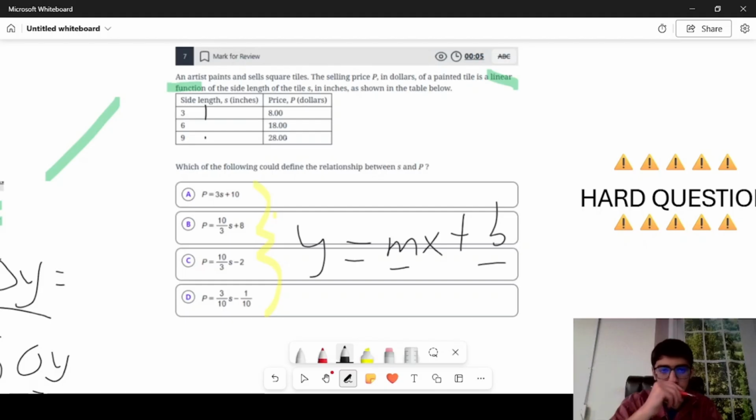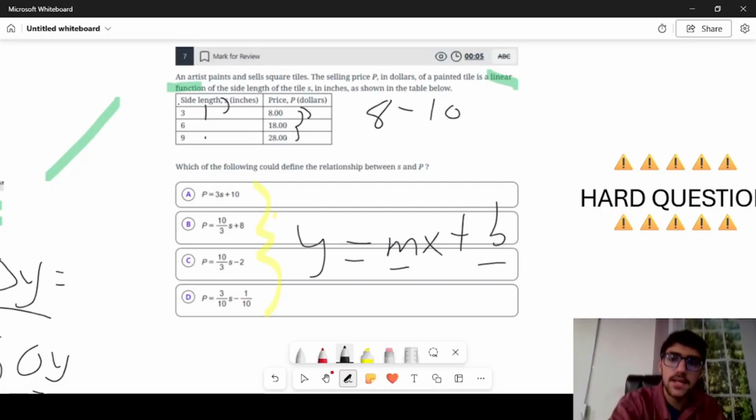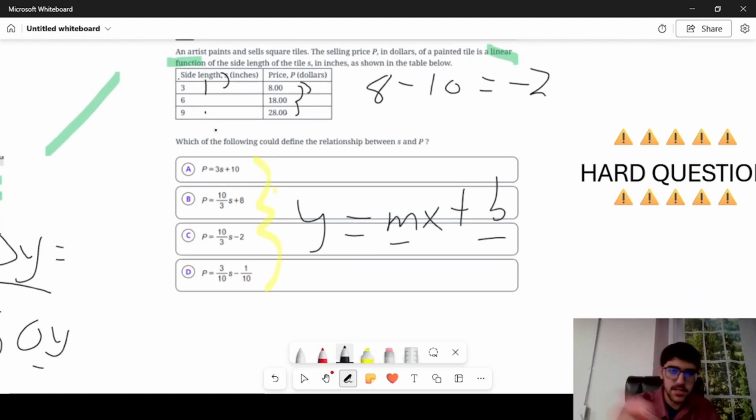That's what we want when the independent variable is 0. So if we go back to 0, each time this is minus 10, minus 10. So if we take this to 0, we have to take this one to negative 8 minus 10. 8 minus 10 is negative 2. So right here, automatically, only one of them has negative 2, you're done.